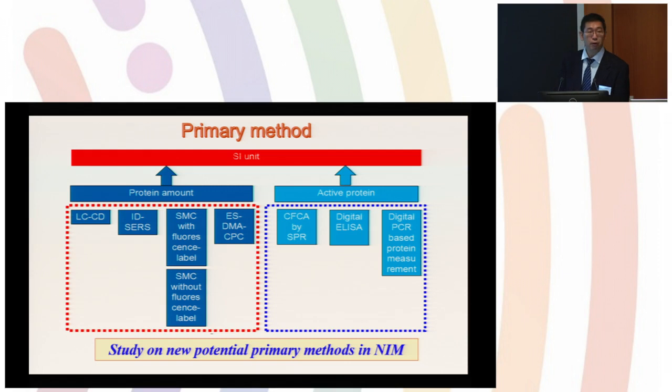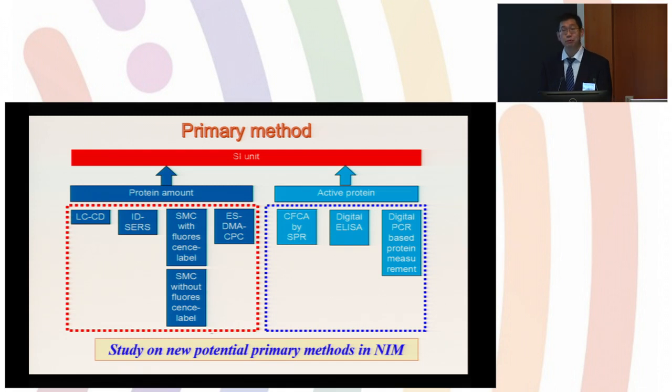In order to find more potential primary methods for protein amount and protein activity measurement, NIM China has a plan to study new potential primary methods in recent years. For protein amount measurement, we plan to set up the LC-CD method, the IDMS method, the single molecule counting method, as well as the ES-DMA CPC method.